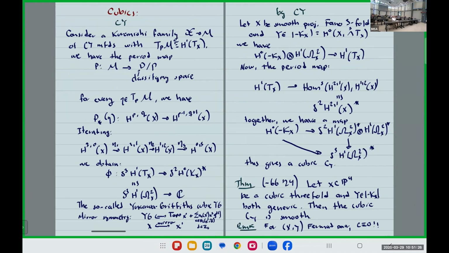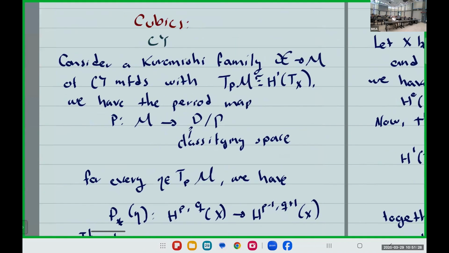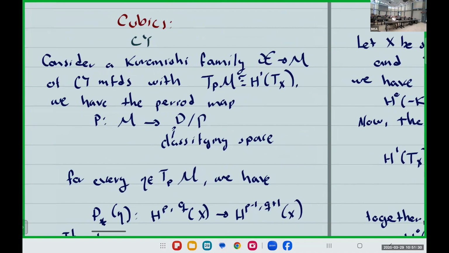So now let me go to the cubic case. I will have some cubic forms, and in the Calabi-Yau case, I will start by considering a Kuranishi family, a universal family of deformations of Calabi-Yau, which is smooth projective, and I will take a point P in the base.